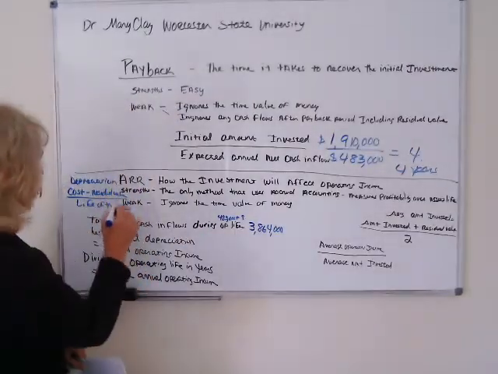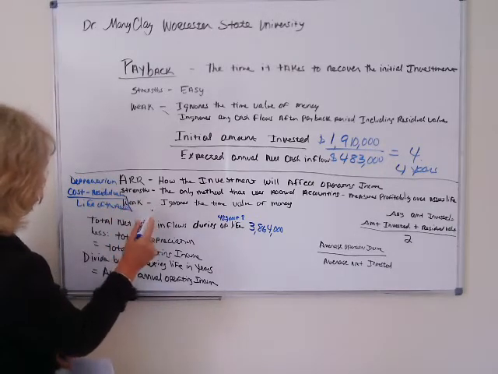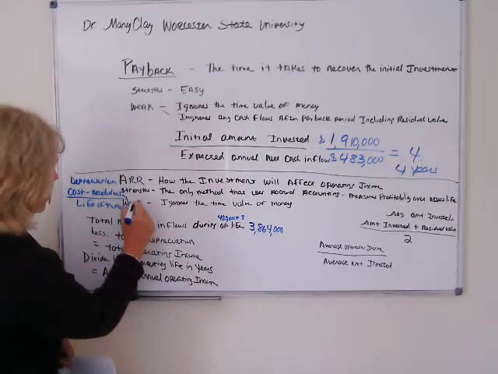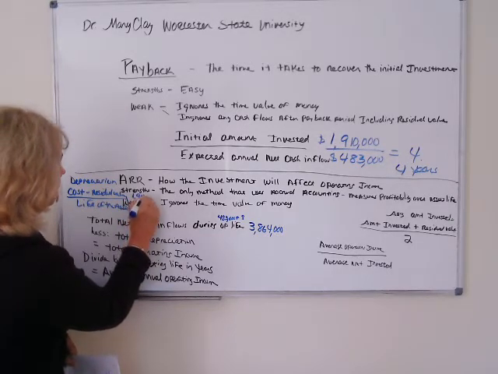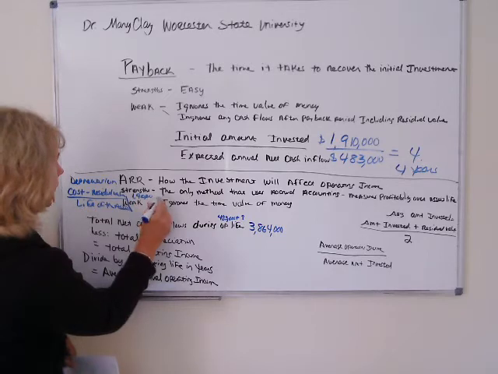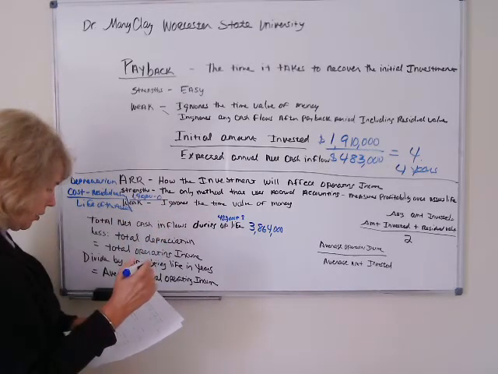So you will take the cost, so let me write this, I'm running out of room. Right here, the cost is 1,910,000 minus 0, divide that by the number of years.